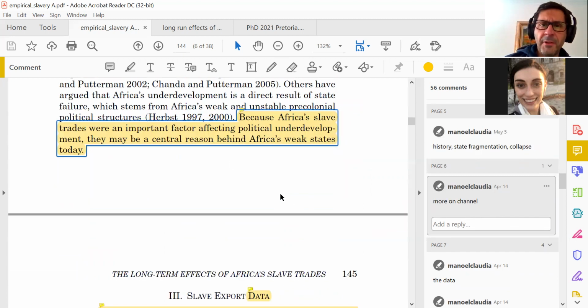Modern channels: because Africa's slave trades were an important factor affecting political underdevelopment, they may be a central reason behind Africa's weak states today. Okay.